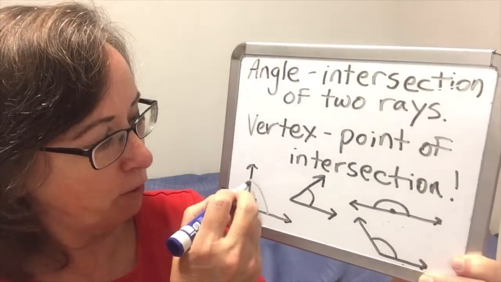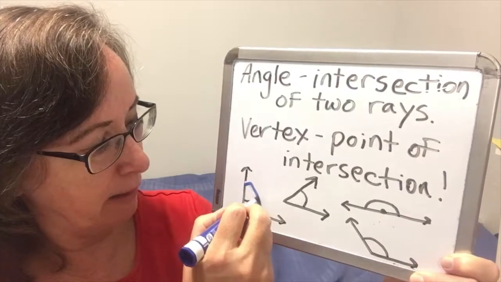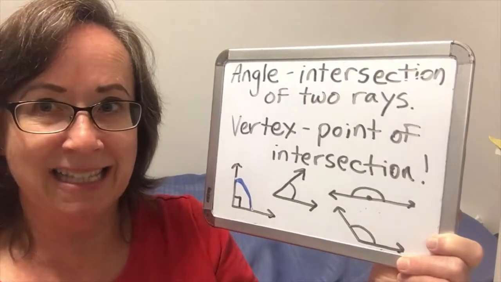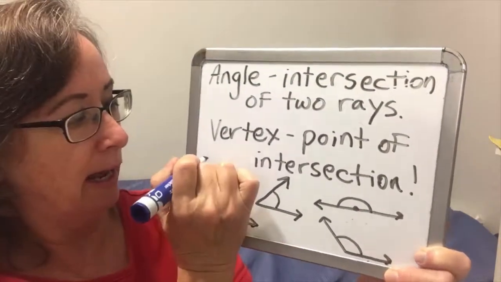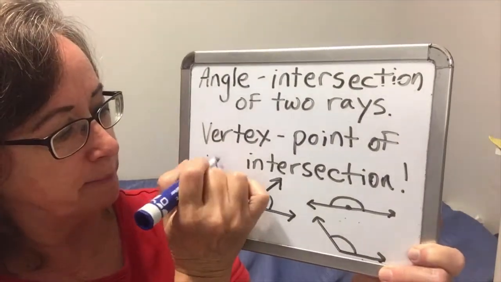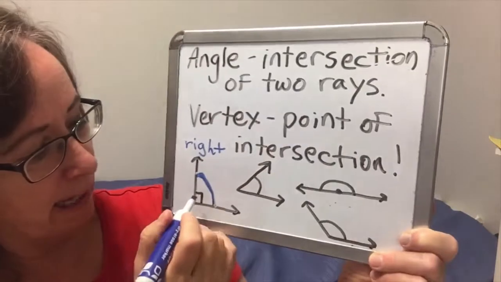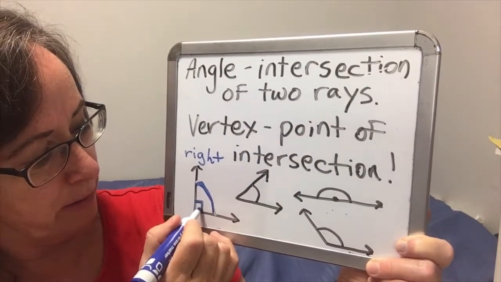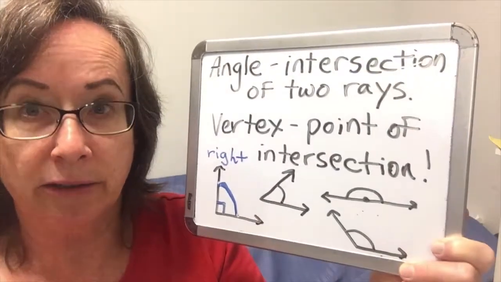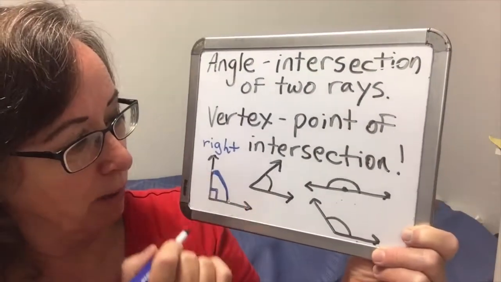So if this opening between the two rays is 90 degrees, then we call this one a right angle. A right angle has 90 degrees, and remember we use this little box here to designate 90 degrees, and so that would be a right angle.